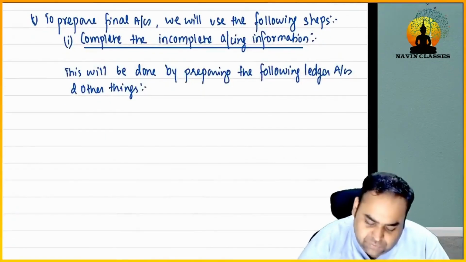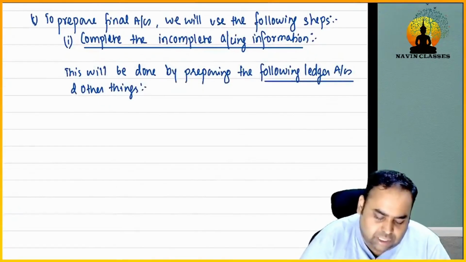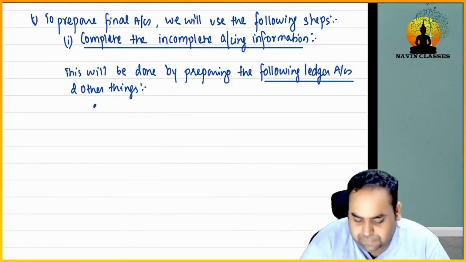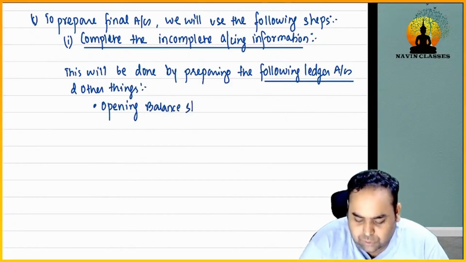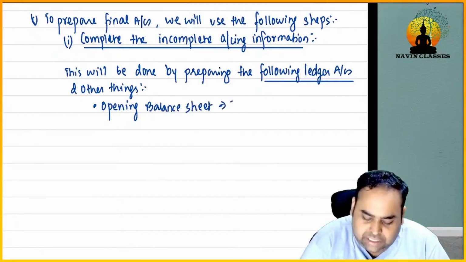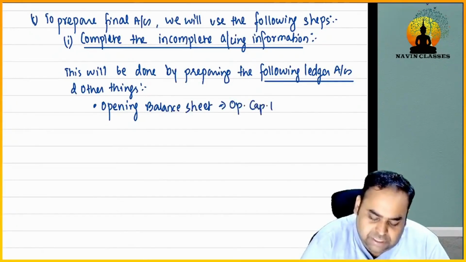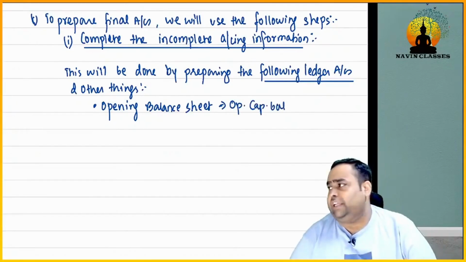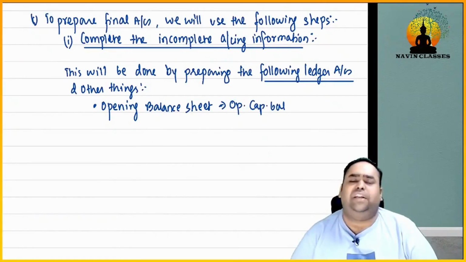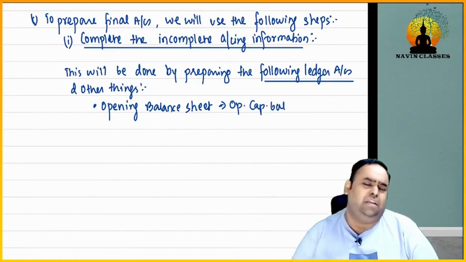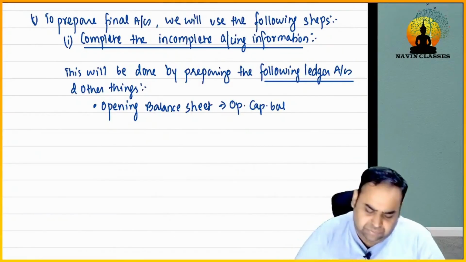For example, we may have to prepare an opening balance sheet. Why do we need an opening balance sheet? So that we can get the opening capital balance and prepare the balance sheet for this year. The first step in the balance sheet is the opening capital balance. Then we will adjust net profit and drawings to arrive at closing capital. Then we complete the balance sheet.